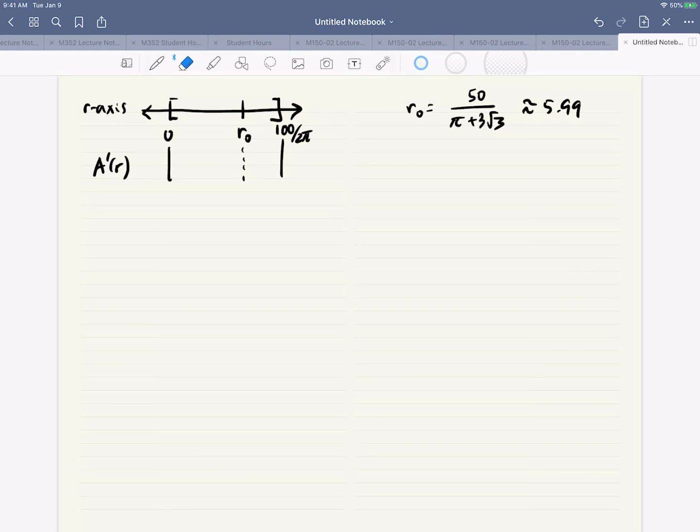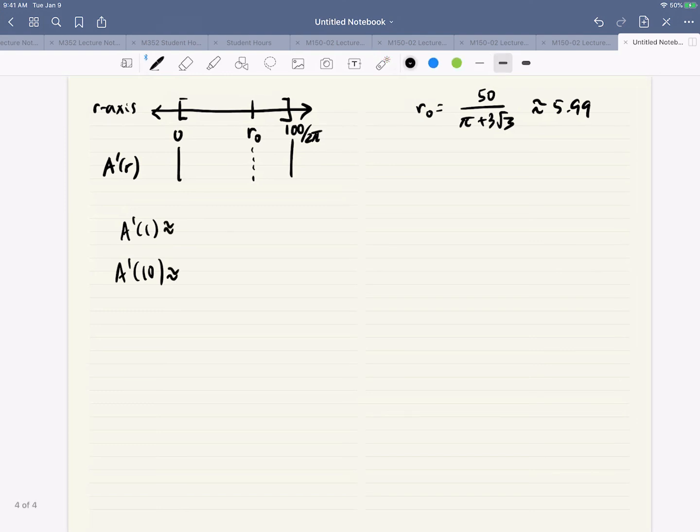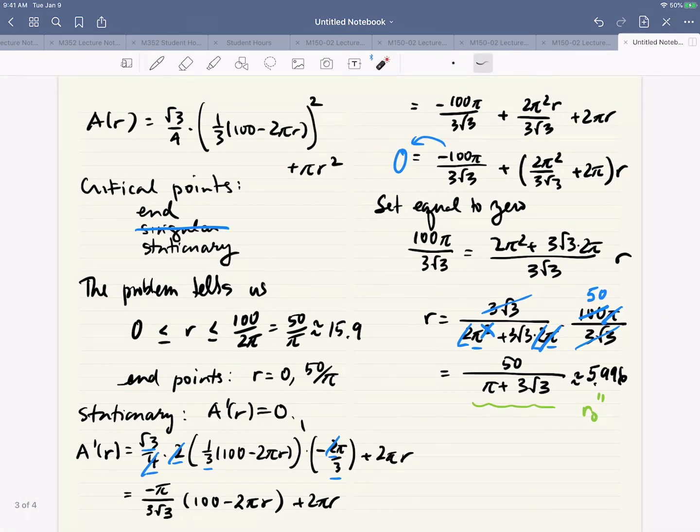Now let's plug in some values. I'm going to calculate A prime of 1 and A prime of 10, because 1 is a number in my interval that's to the left of r0, and 10 is a number in my interval to the right of r0. Plugging 1 into the formula for my derivative and 10 into the formula for my derivative. And to remind you, my formula for my derivative is right here.